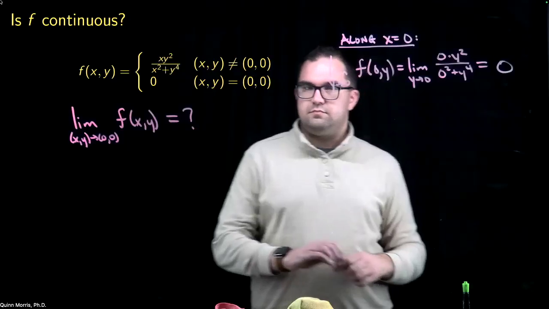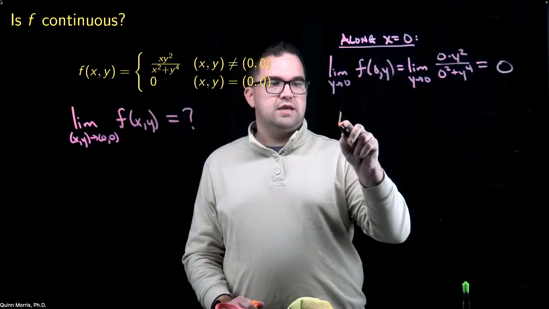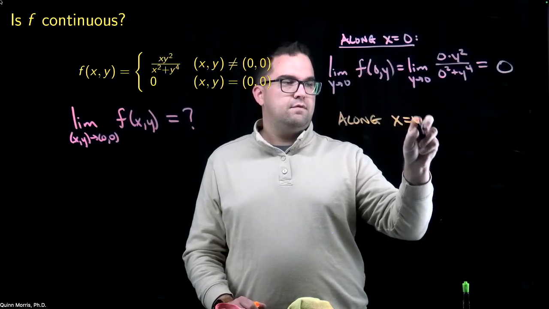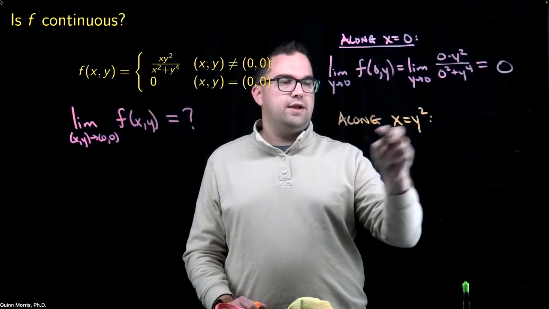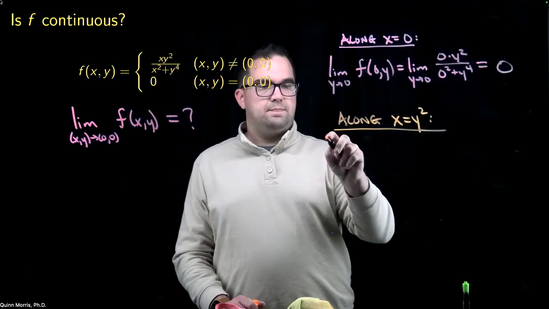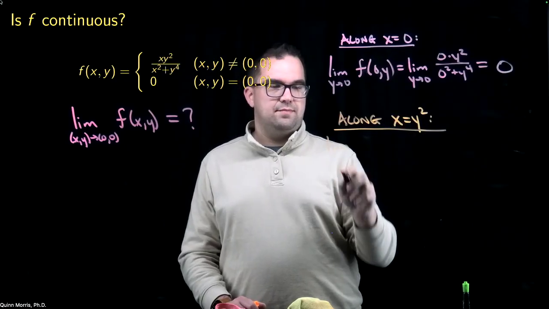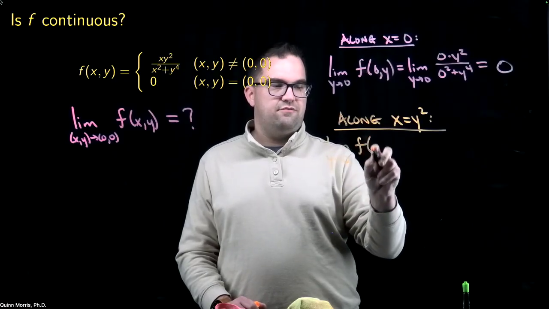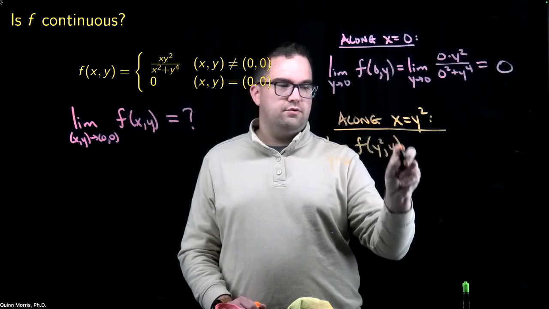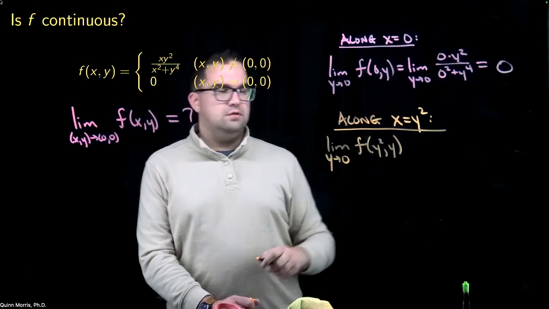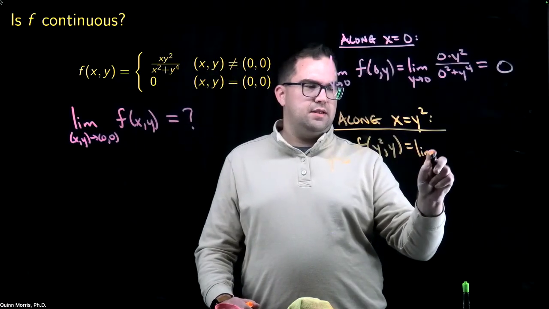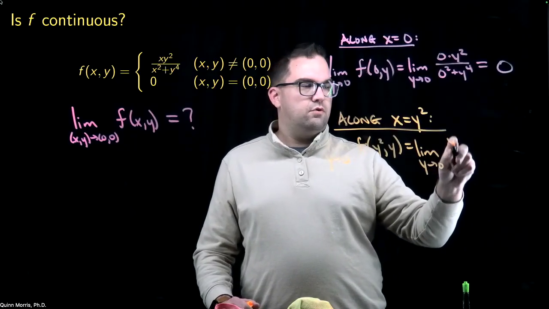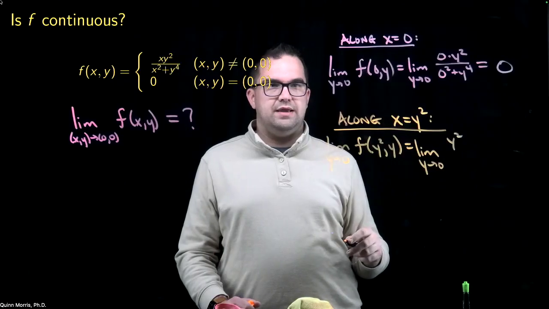However, what happens if we look, say, along the path x is equal to y squared? In that case, let me take a limit as y goes to 0 of f of y squared, y. What is that going to be? That's a limit as y goes to 0 of, now for everywhere I see x, I'm going to plug in y squared.